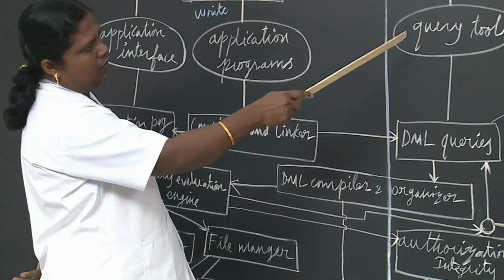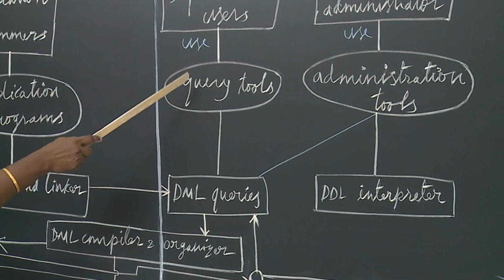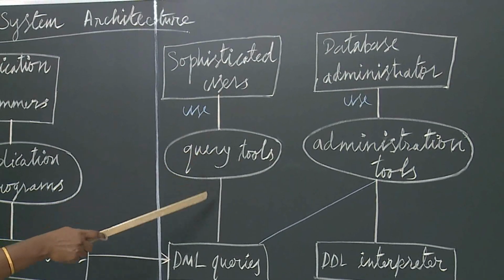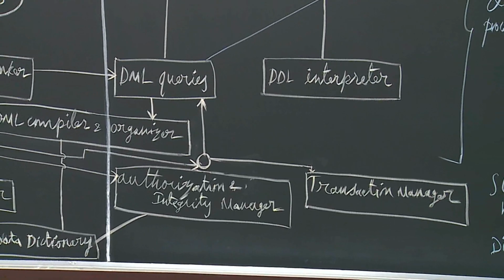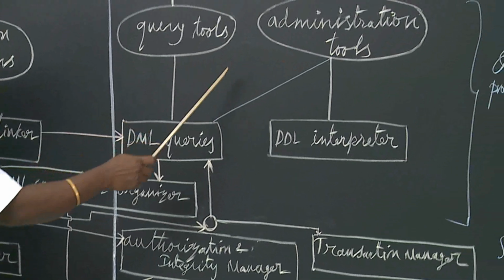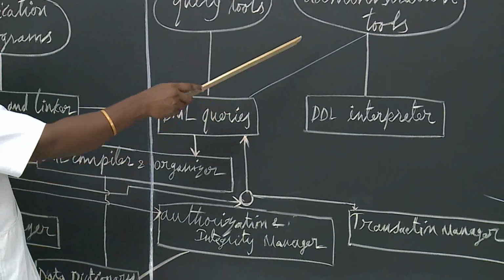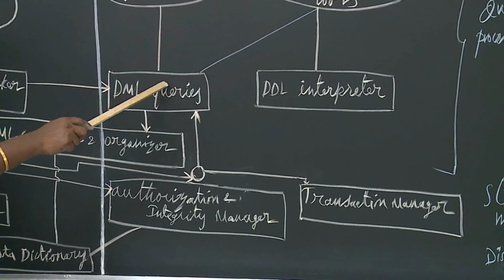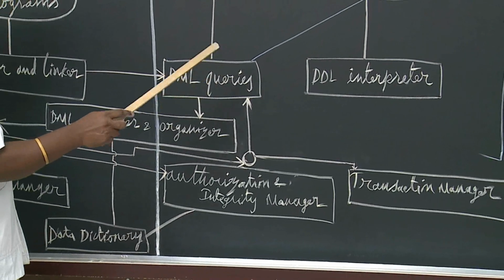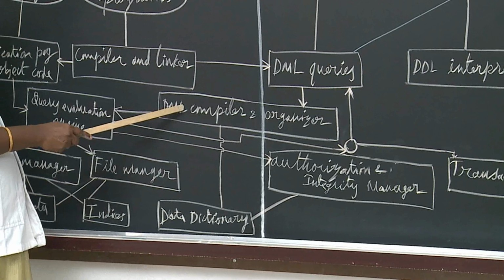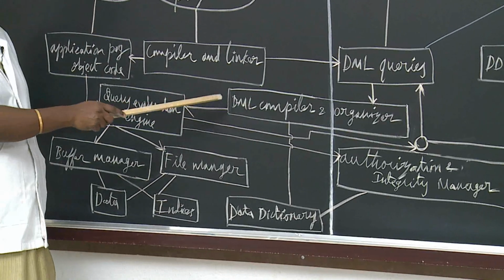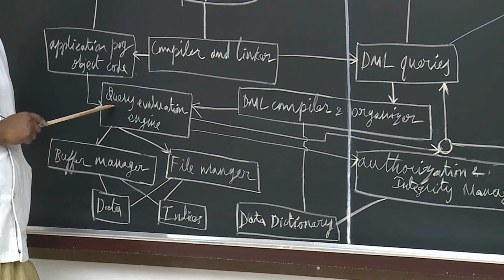The same way, query tools extracted from this sophisticated user also come to the query evaluation engine. And finally administrative tool details are also passed through the DML queries. Then it is compiled with this DML compiler. Then after compilation this comes to the query evaluation engine.